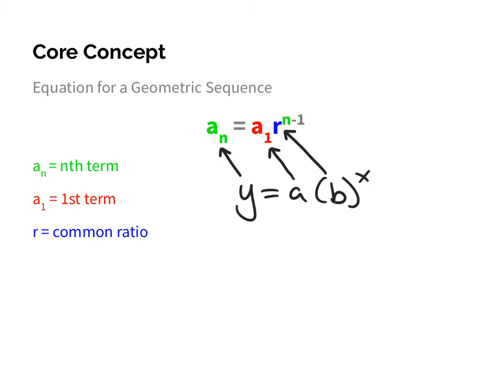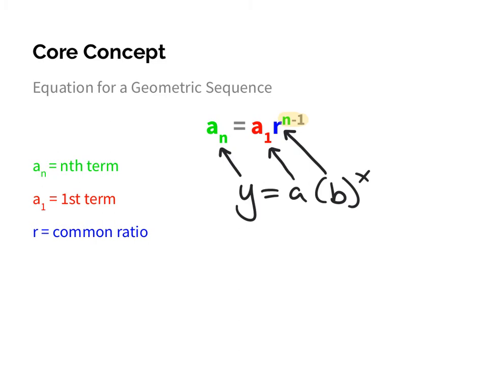And then notice here as an exponent, if I want to find whatever term, we're going to do n minus 1. The reason why it's minus 1 is because we are starting at some first term, so we're taking away. So if I want to find the second term, we're already starting with a number, so I'm only going to multiply by that common ratio one time. So for the second number, I would multiply one time.